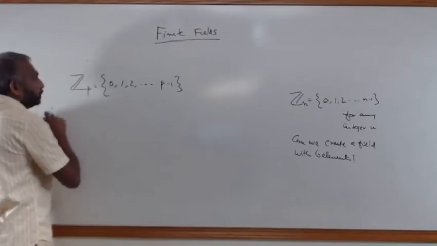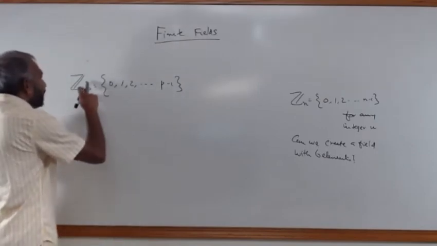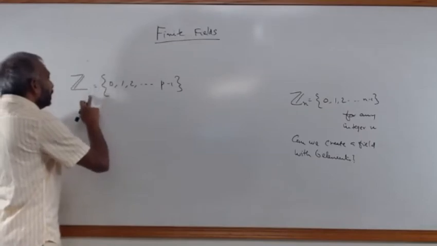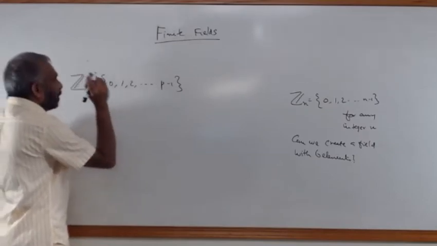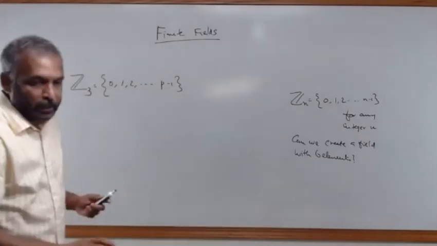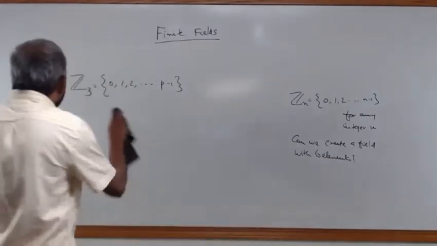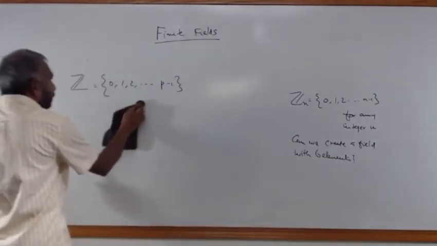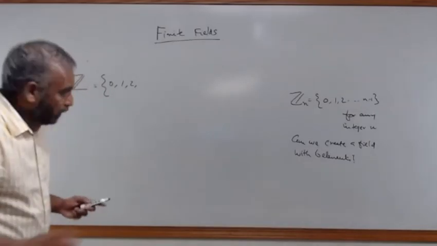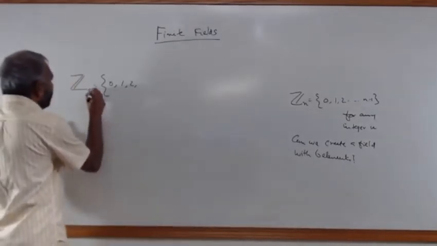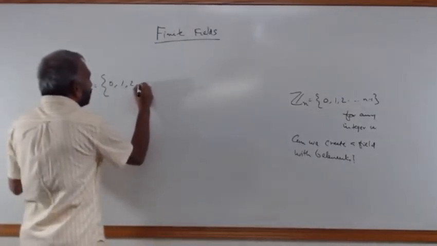Let us not take p; let us take a concrete example. Z3 or Z5. Let's take Z5. Z5 is a field: 0, 1, 2, 3, 4.